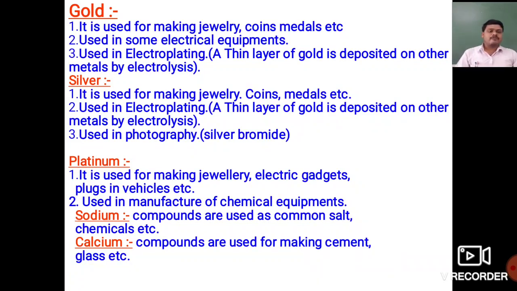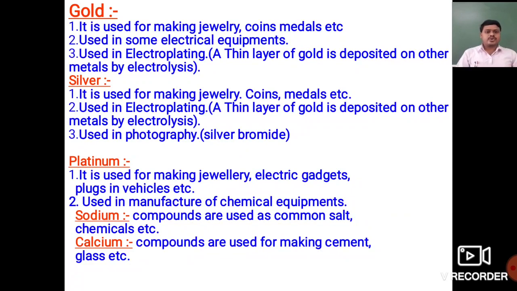And the next very important metal is platinum. It is also used in the making of jewelries, electrical gadgets and plugs in vehicles, etc. Even it will be used in the chemical equipments. Some of the chemical equipments will also be prepared by using the platinum.